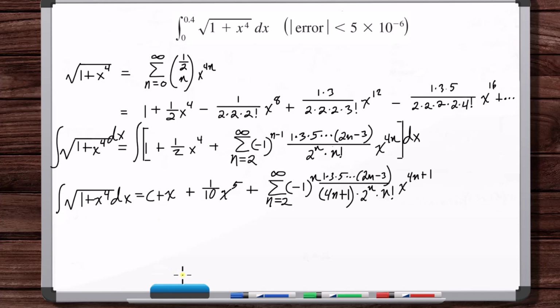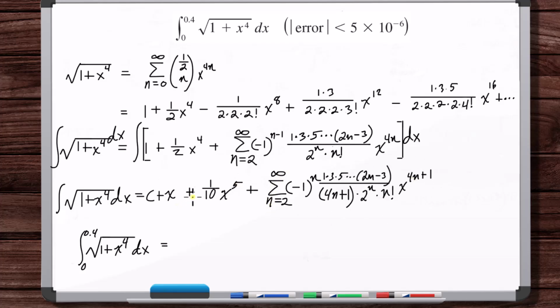Okay, so now when we're integrating from 0 to 0.4, the c doesn't matter with a definite integral. So you plug in 0. Let's see where this starts. n is equal to 2, you have x to the ninth. There's an x term in every single one of the terms of this series, so if you plug in 0, this is 0.